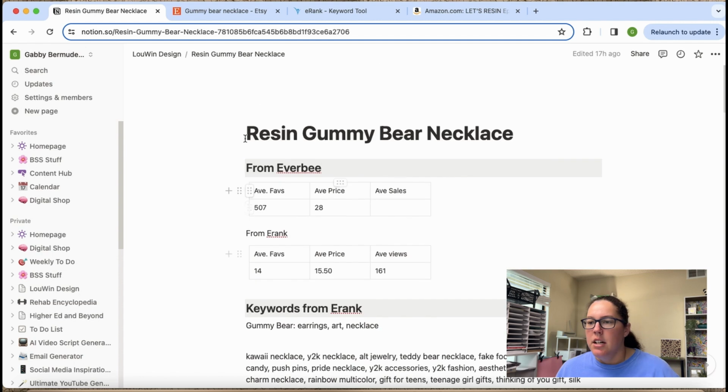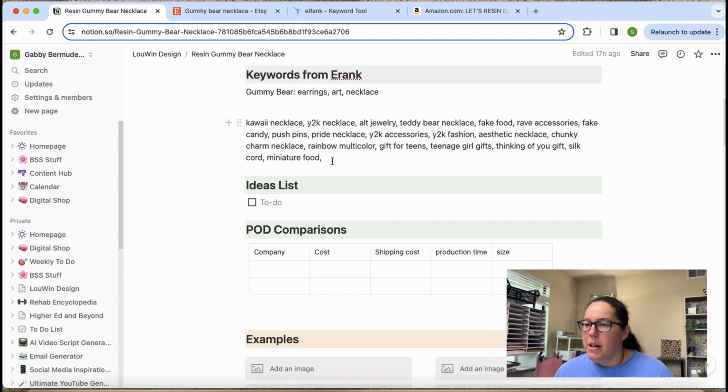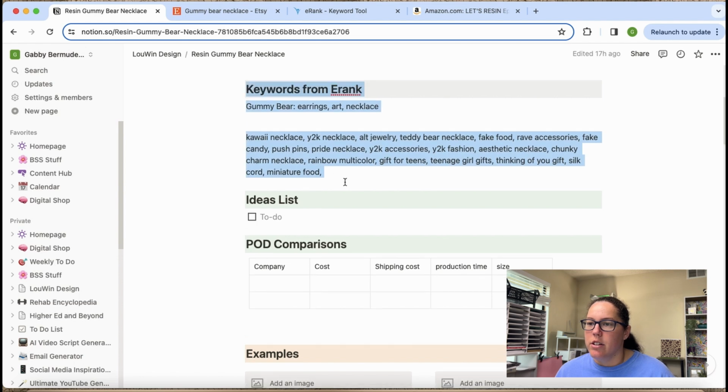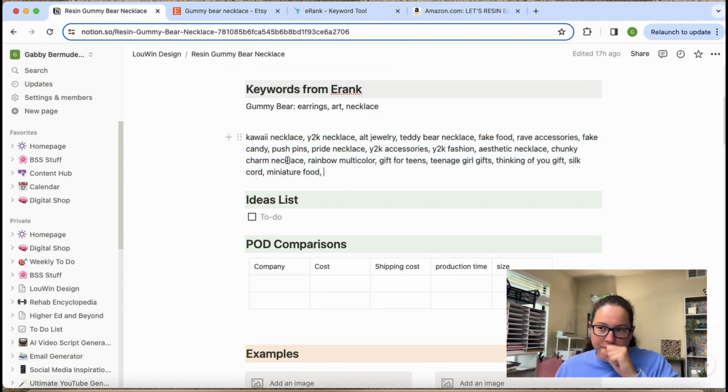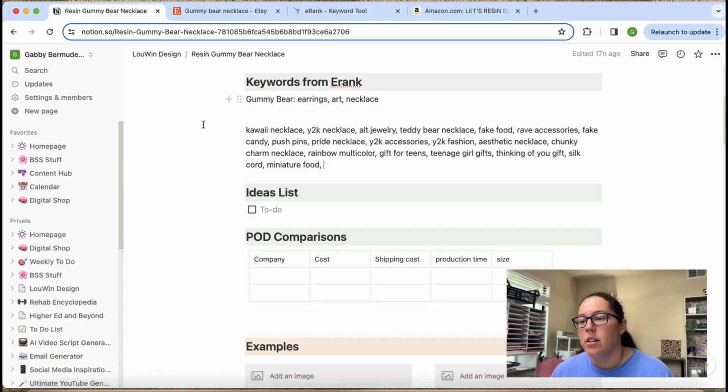So I'm going to start recording, and so we're back on my Notion page, and we did our keyword research already, so that's good. And then the next step is researching, going back to Etsy and looking at other Etsy shops and listings for picture ideas, inspo, and pricing.